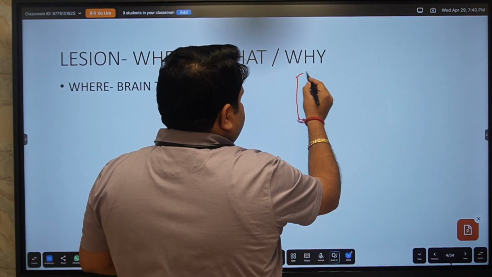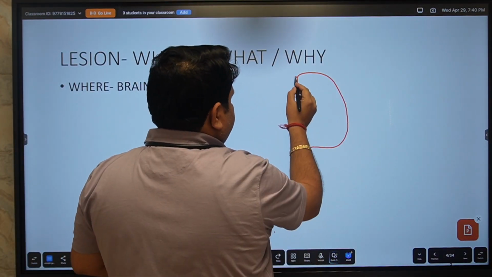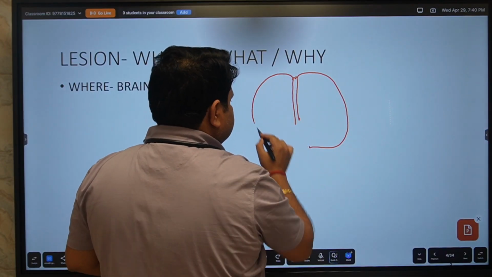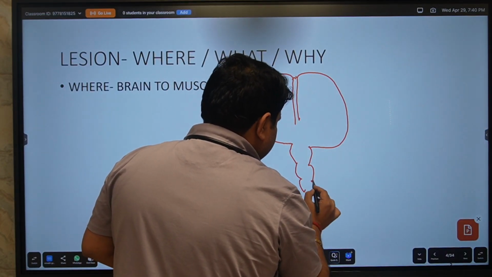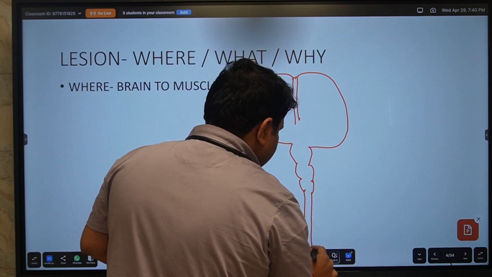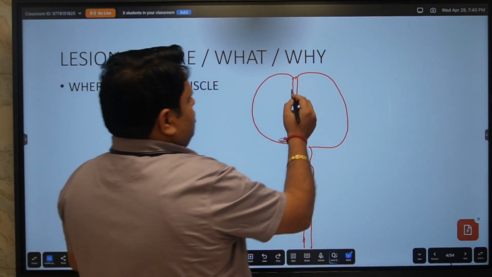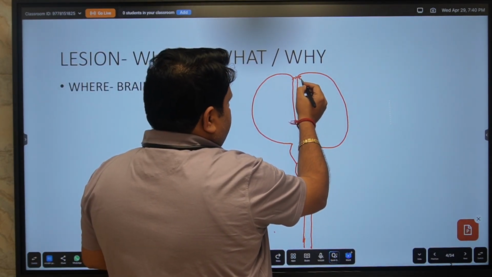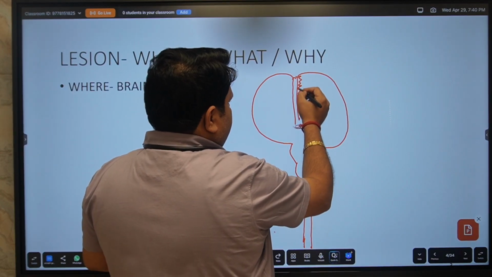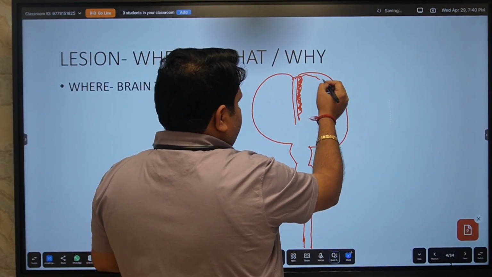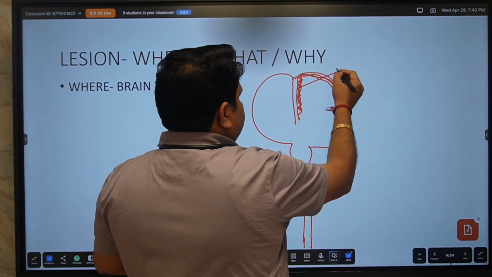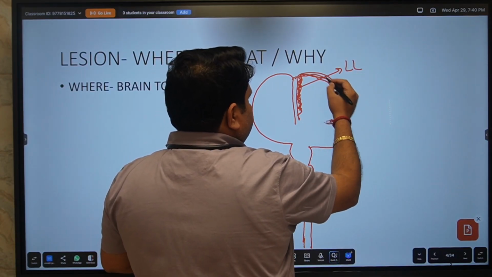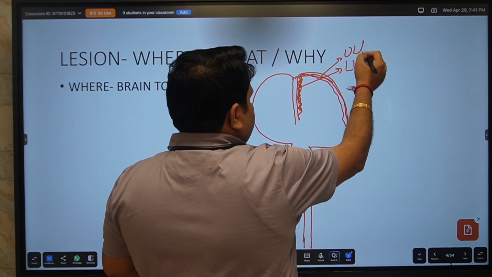So if we discuss about the brain, this is the cortex, this is the opposite side of cortex, this is the brain stem. After brain stem, this is the spinal cord. So if we discuss the location of the cerebral cortex, motor fiber located out here, lower limb area is here, then the upper limb or trunk.